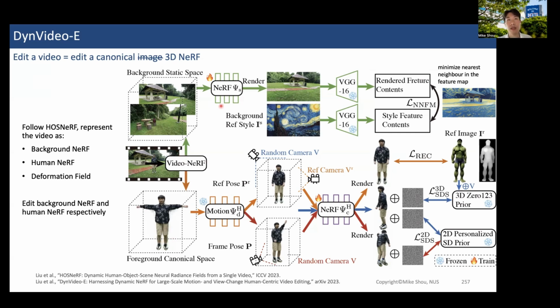Of course, since this has been decomposed, we do the editing separately for the background and the human. For the background, if for example we want to make it into this kind of style, we first randomly render a view, and then we use the so-called FM loss to minimize the distance between these two figures. That provides a signal for optimizing the NeRF to make sure they are similar, in the sense of minimizing the nearest neighbor distance in the feature map between these two feature maps.